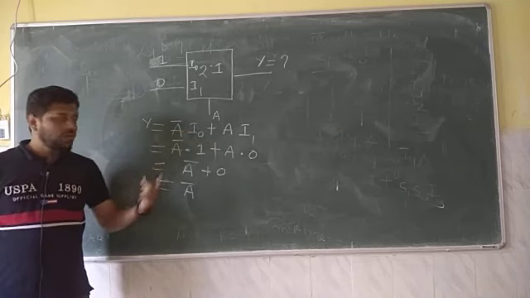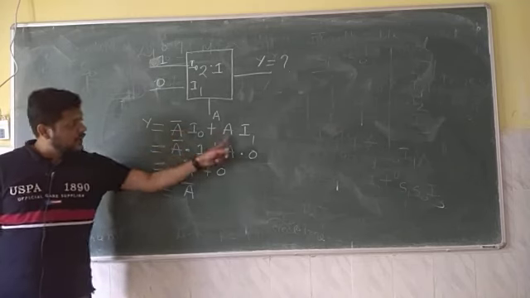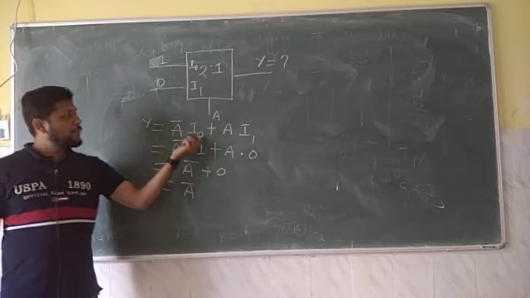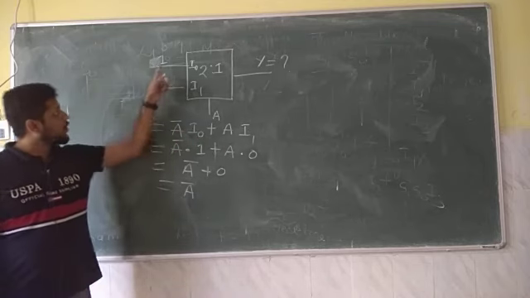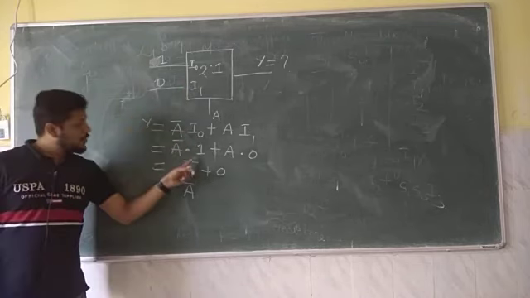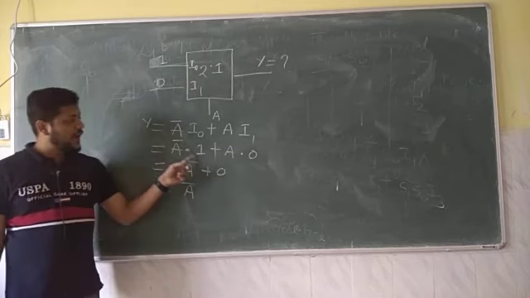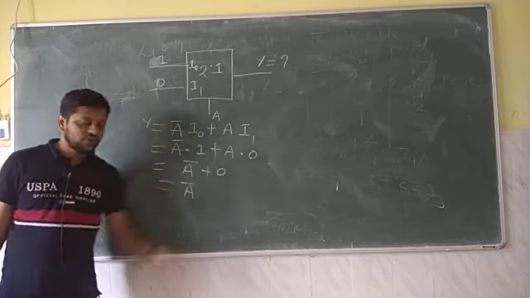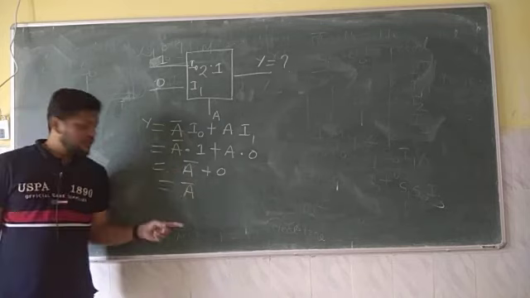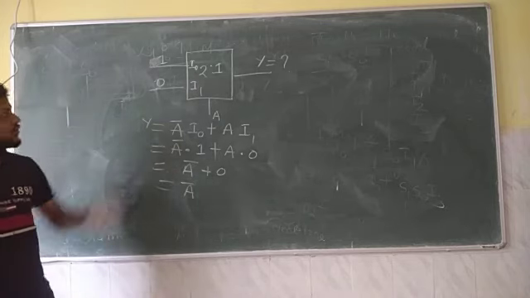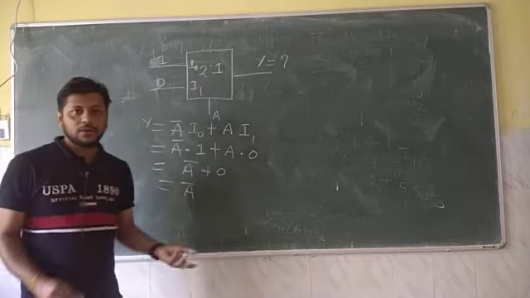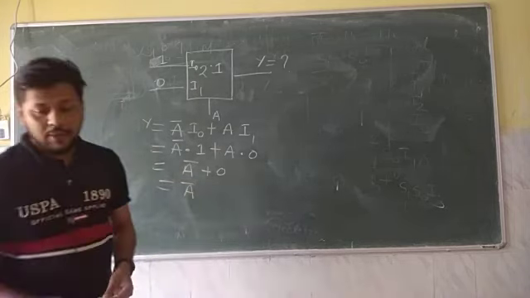When A is equal to 1, that will select I1, so A I1. Now you have to put the values of I0 and I1. It is already given: I0 value is 1 and I1 value is 0. That's why A bar AND with 1, A dot 0, that will give you A bar. So the answer will be A bar. This is the way they will ask you an MCQ type question or your 5 marks question.